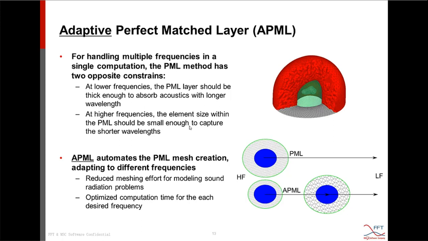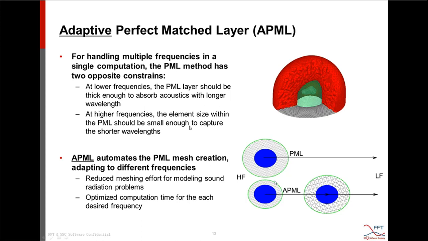And for that reason, we implemented the APML, which automatically generates the PML mesh according to different frequencies. So at lower frequencies, the PML region is larger, containing also coarser elements inside.